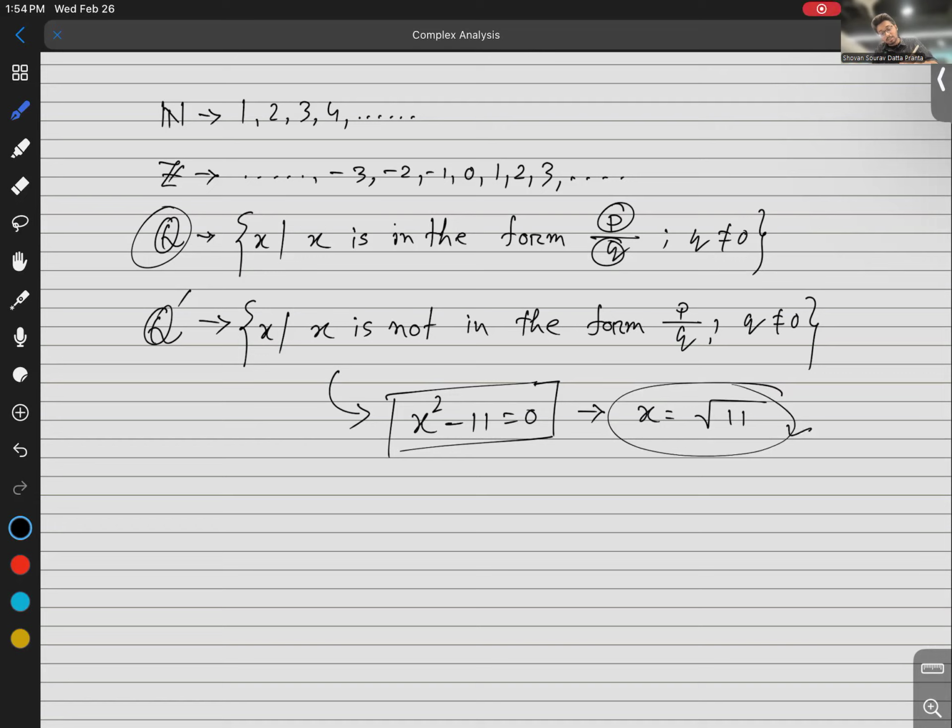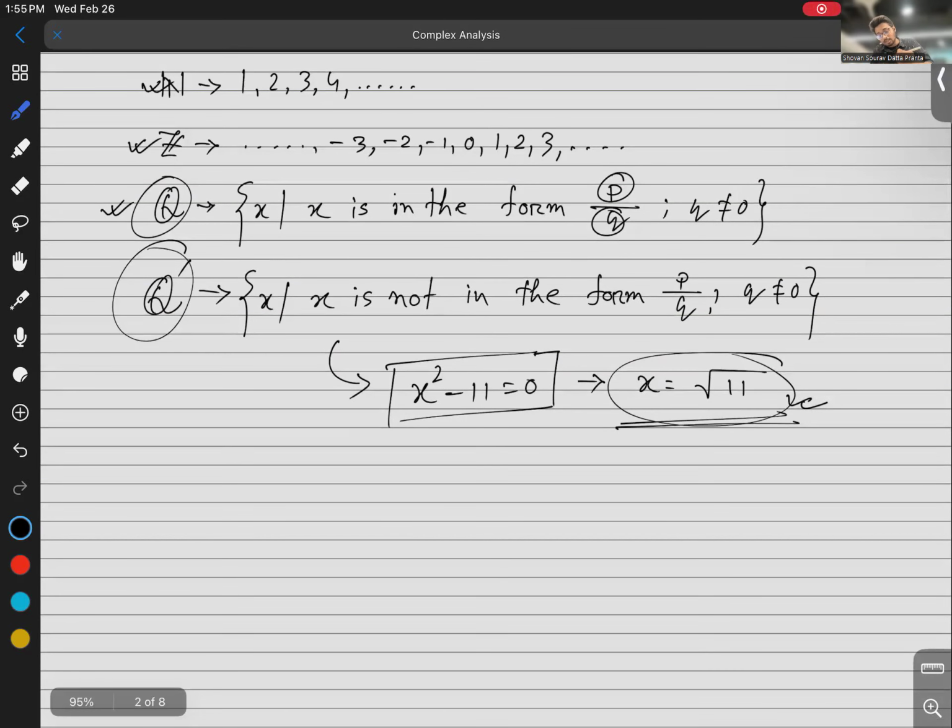We can't represent this number using our natural number system, integer number system, and obviously not in the rational number system. So there are some numbers other than rational numbers, and to handle these numbers, we introduce the irrational number set. The most common irrational numbers are pi, e, and so on.